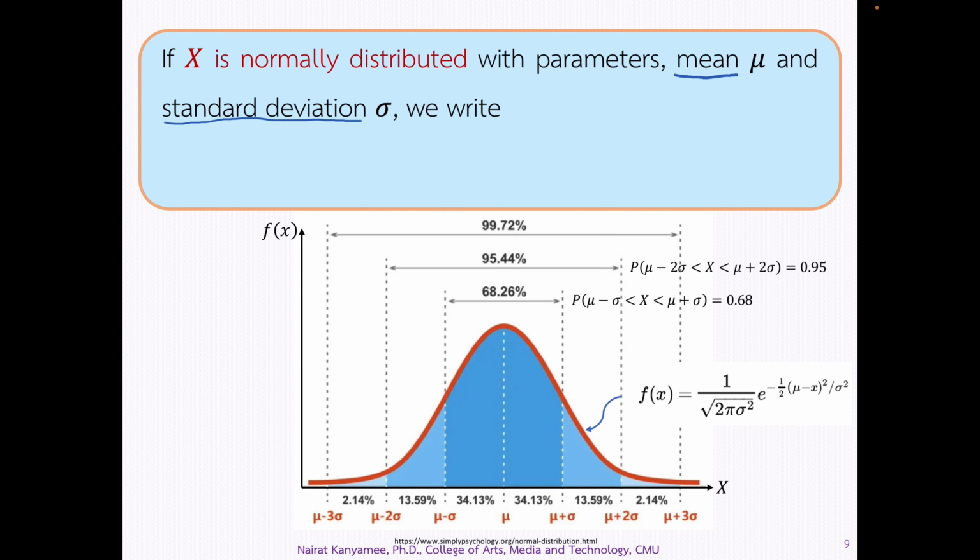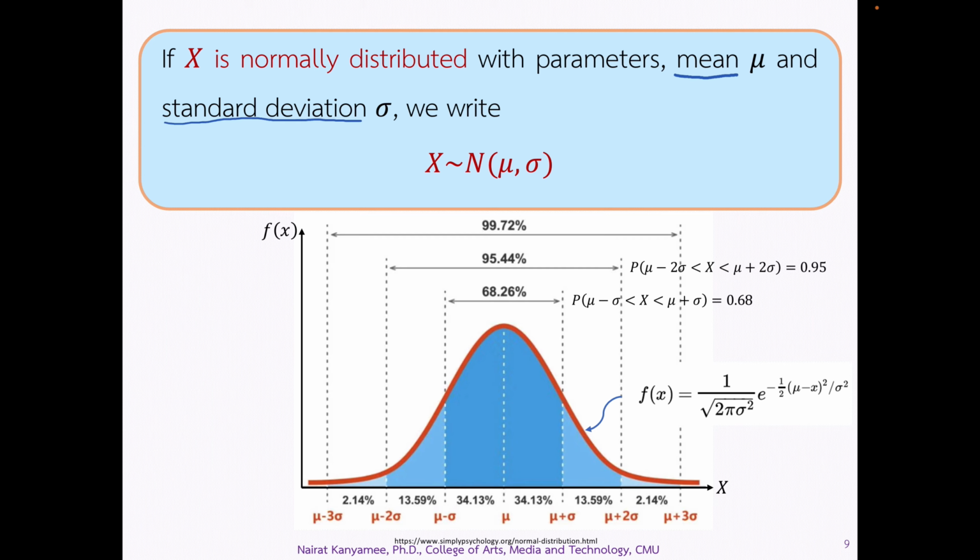We let the mean be mu and the standard deviation be sigma. If X is normally distributed, we write X follows N, where N stands for normal distribution with parameters mu and sigma, so mean and standard deviation.